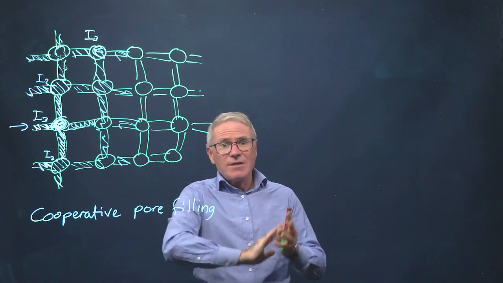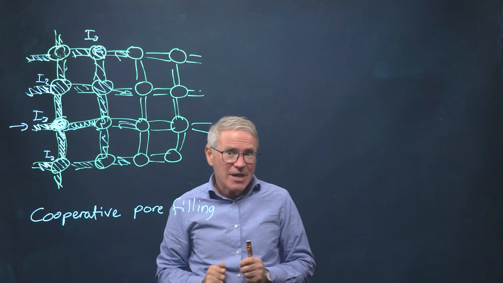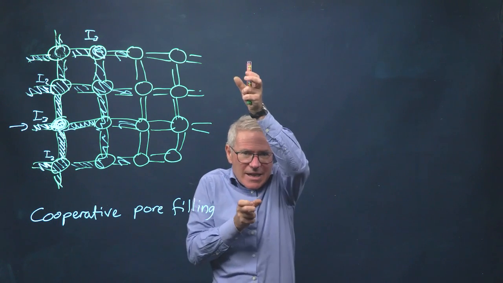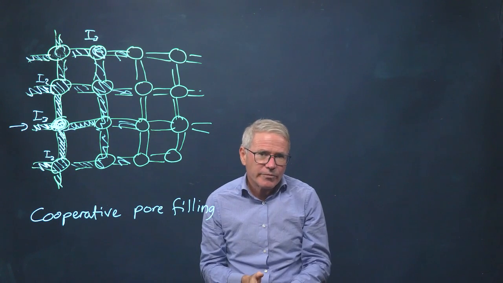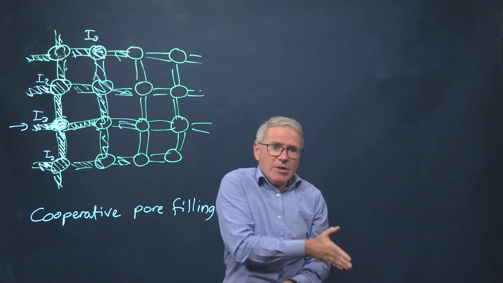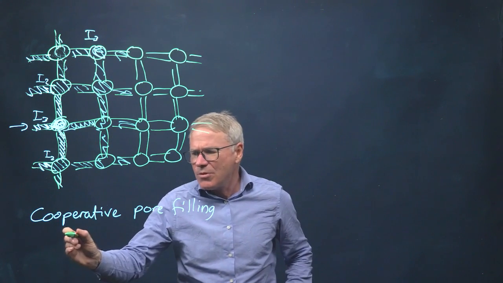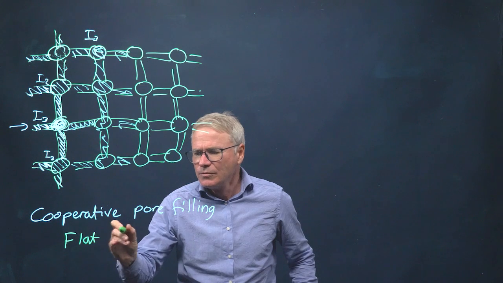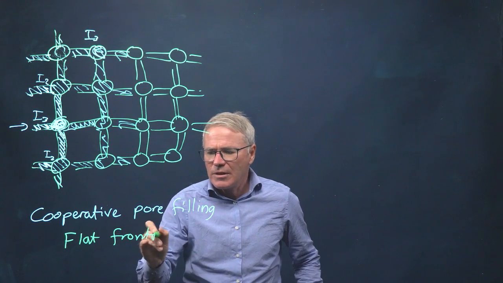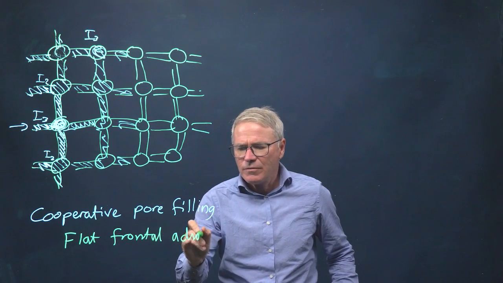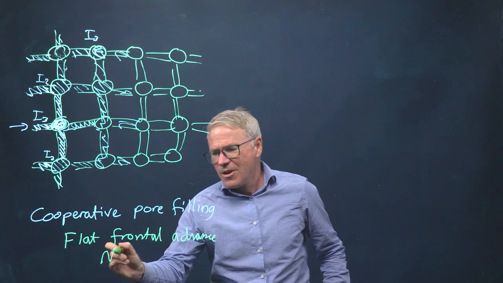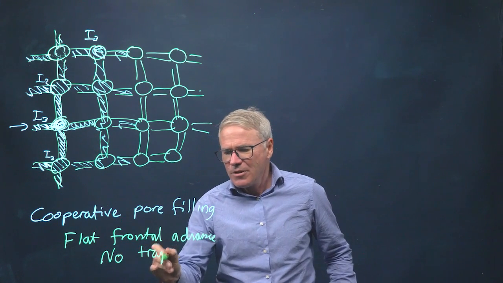We have to do it. There's no way around it. Snap-off isn't going to help us out. And then we get a cascade of I2. And then we do it again. And then we do it again. Well, what results here is what's called flat frontal advance. There's no trapping.